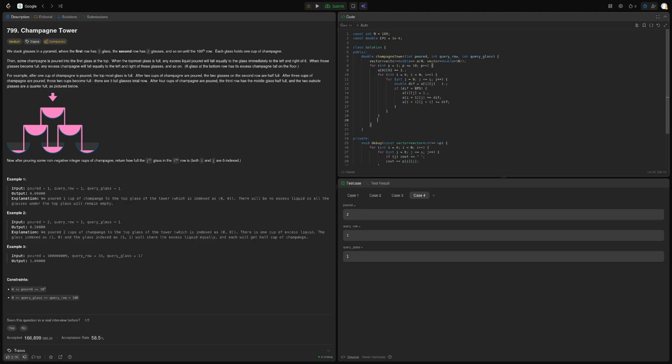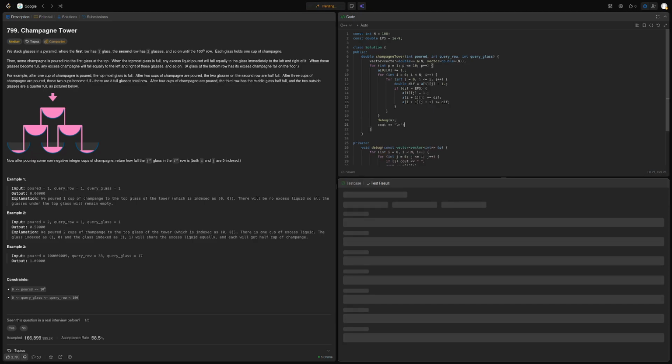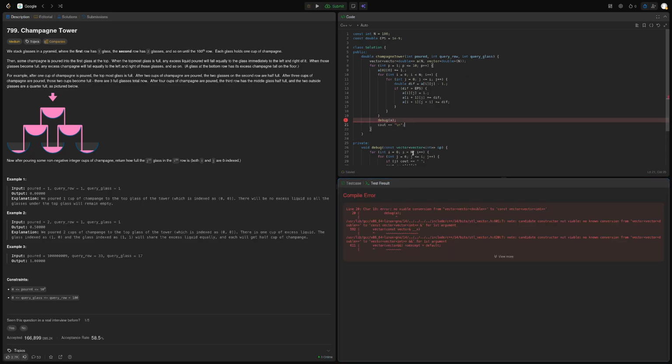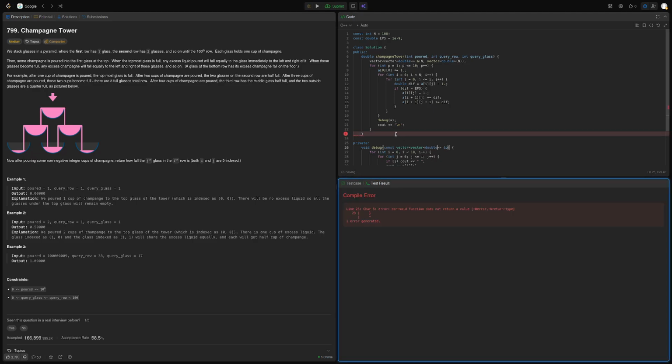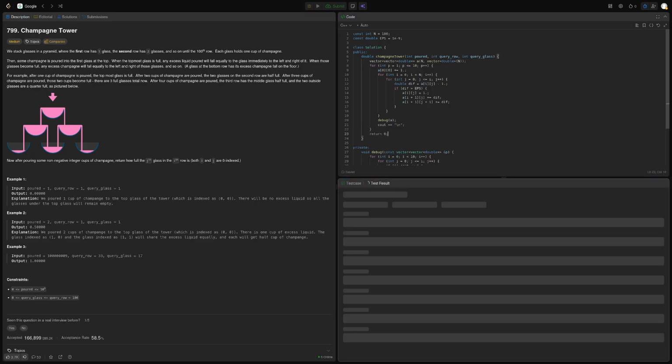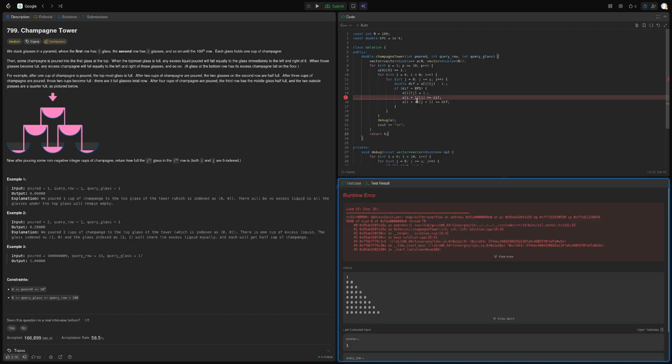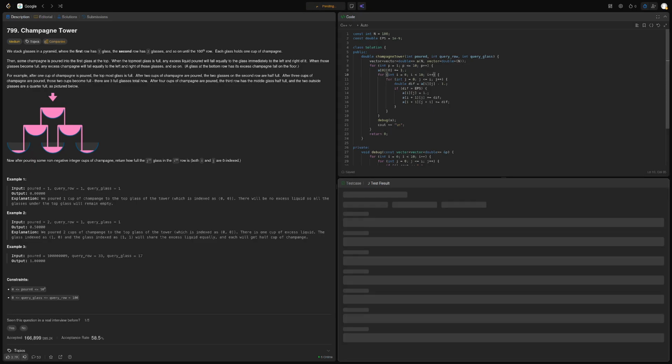And then we just debug. So debug a. That's too much. Let's do the first 10 rows. It's not going to go further. Non-void function. Okay. Whatever.